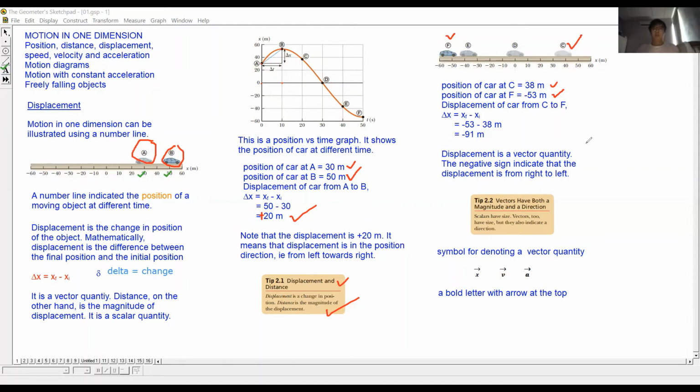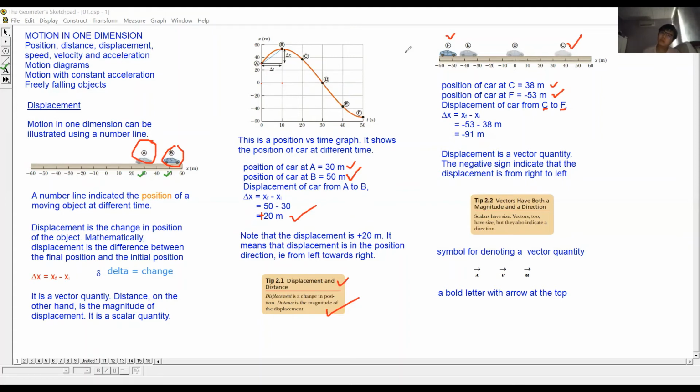Now you have to note, they say from C to F. Do you know which one is the initial position? From C means you start from C. To F means finally you arrive at F. Don't look at the alignment of the car, whether it is moving this way or this way.